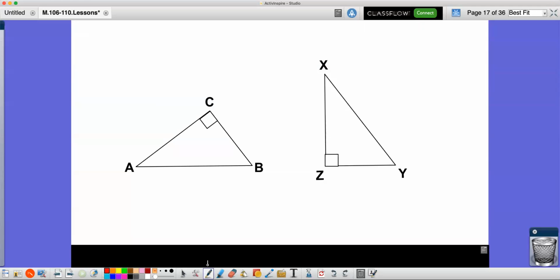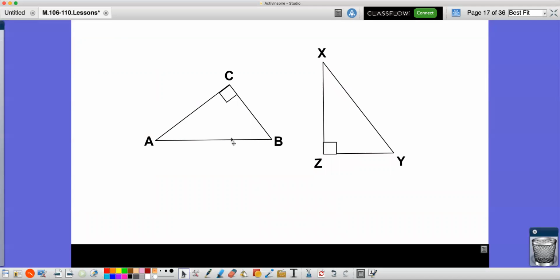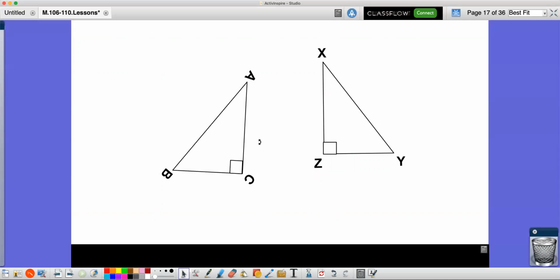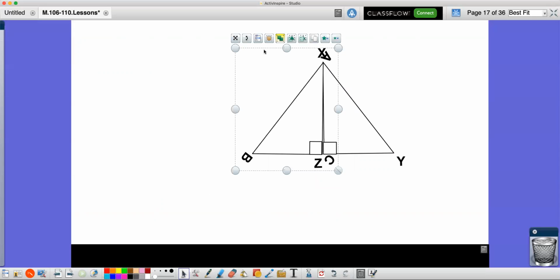So let's just look at this, for example. These are two congruent triangles, triangle ABC and triangle XYZ. If we were to rotate this, looks like we could rotate it and translate it, and we're almost there.